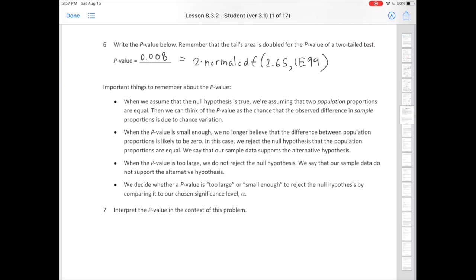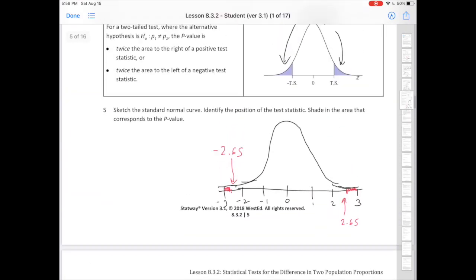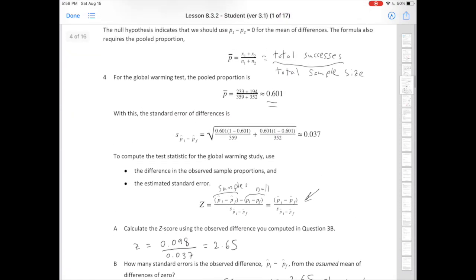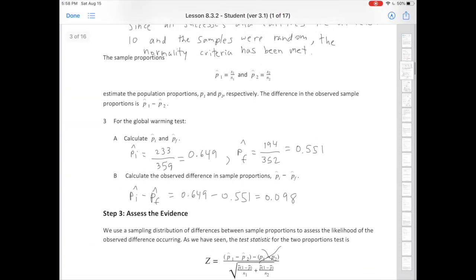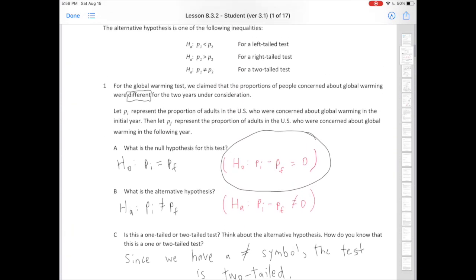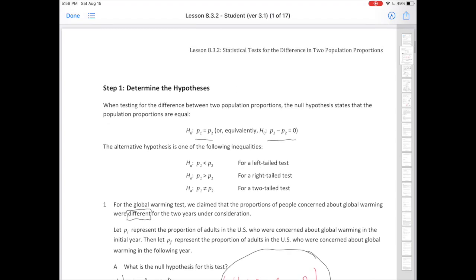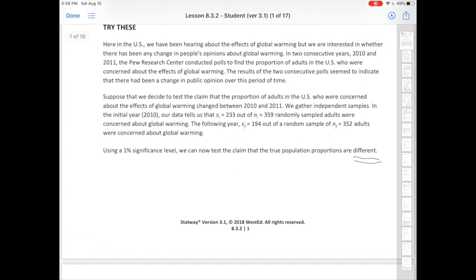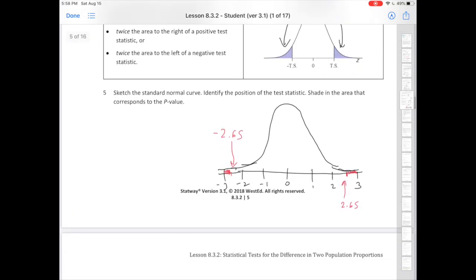So this means, if we assume, what was the, let me remember here, we're talking about the proportion of people in the US that were concerned about the effects of global warming from 2010 and 2011.